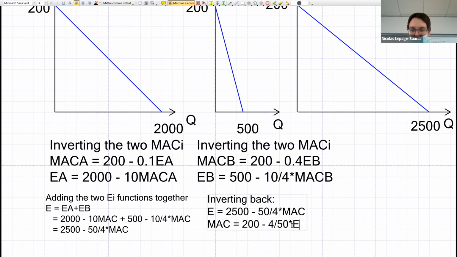So what's 4 divided by 50? Somebody can do it there. Yeah, 0.08. Okay, fine. I put all my faith into your calculator. Okay, so that would be it.